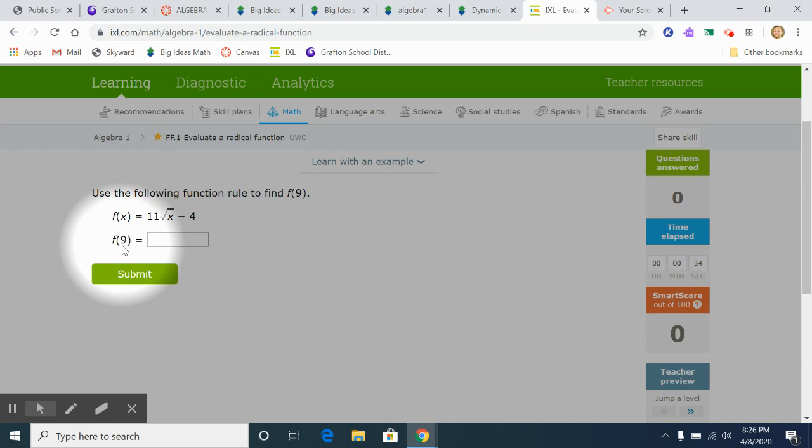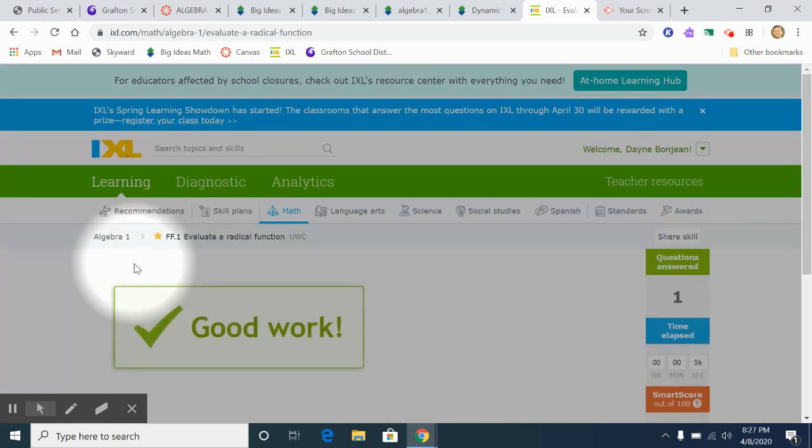Remember, that's how we read this: the function when x equals 9 is equal to what? So let's go through this. If I put 9 here for x, and I took the square root first, I always do that, I get 3, then I take 11 times 3 to get 33, and then I'm going to subtract 4 to get 29. I'm going to submit that.